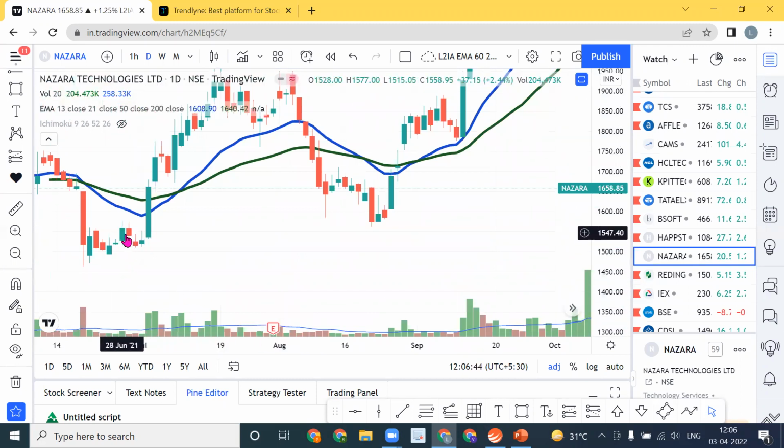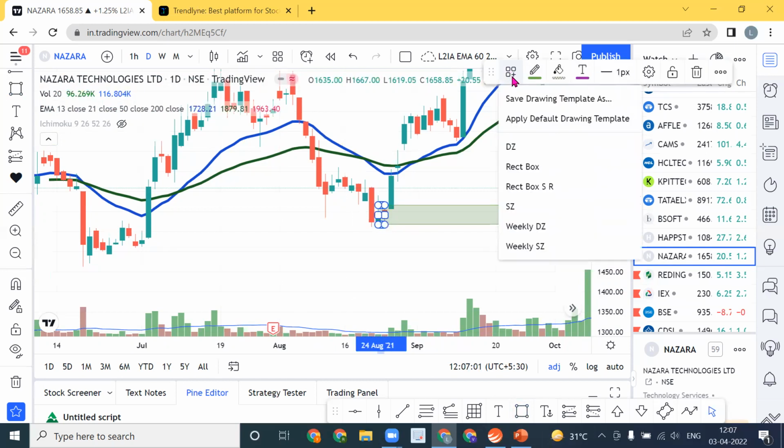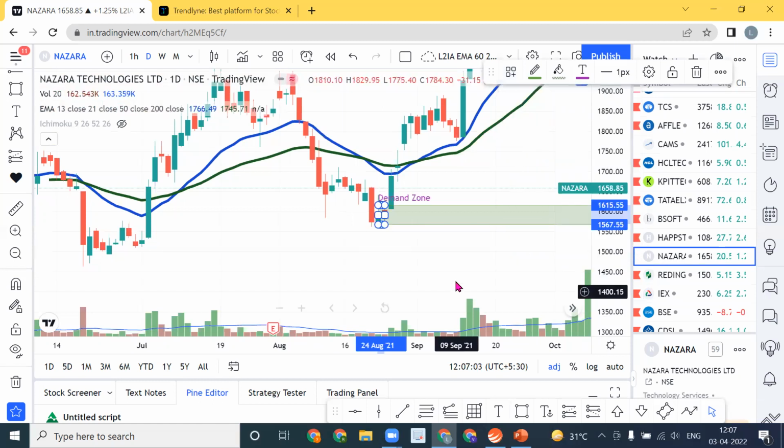Somewhere here. Here it is. This is a good zone. This has gone too far. A drop, base and a rally. So I take my zones here. This is my demand zone.